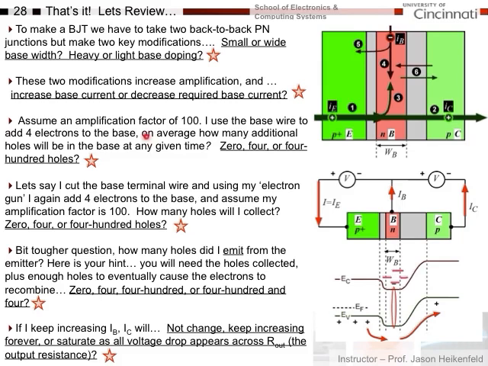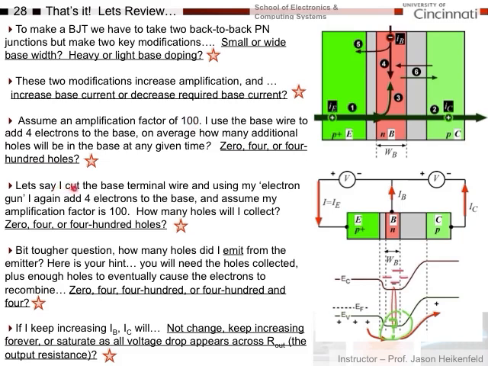My question is, on average, how many additional holes will be in the base at any given time? I'm referring to down here in the base, how many holes will exist at any given time? Is it 0? Is it 4? Or is it 400 holes, given the amplification factor of 100?